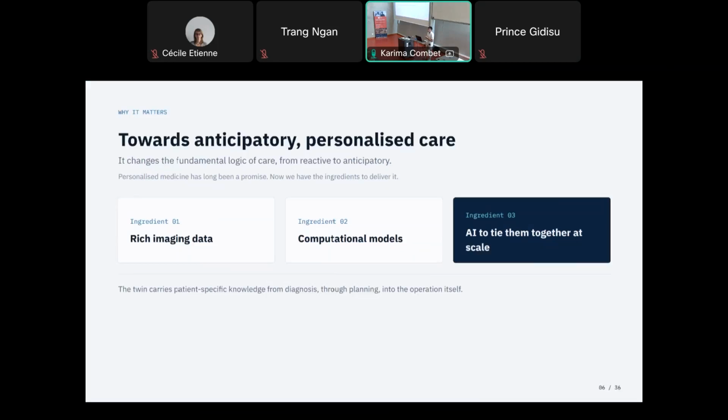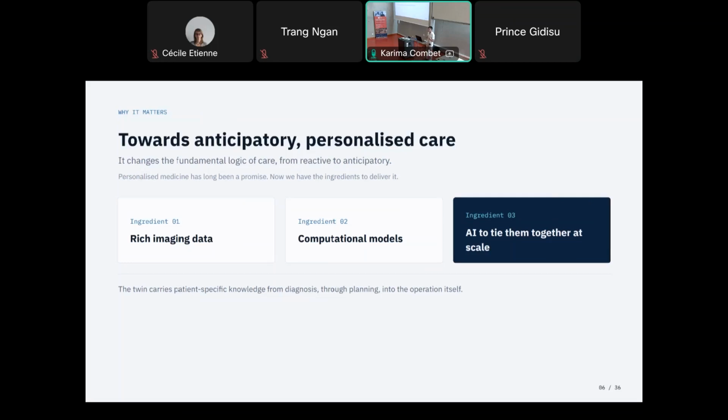Why does this matter? Because it changes the fundamental logic of care from reactive to anticipatory. Personalized medicine means treatment tailored to the individual rather than the average. It has been promised for a long time, but now we have the ingredients to do it with AI, with computer vision, with all the algorithms developed over several years.